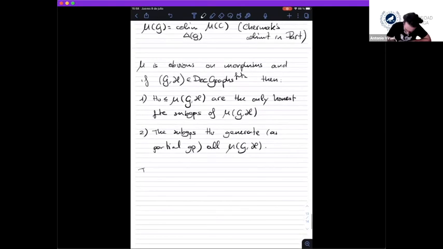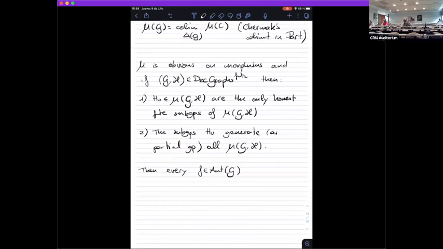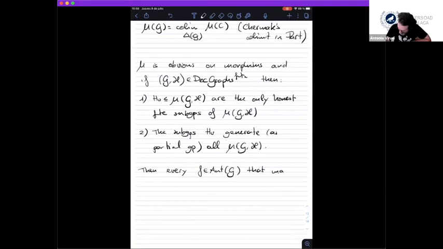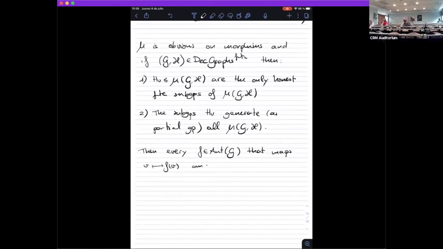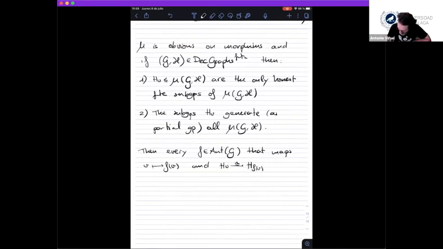So then every F in Out of G that maps E to F_V and H_V isomorphically to H_V gives rise to an element in Out of M(G, H).